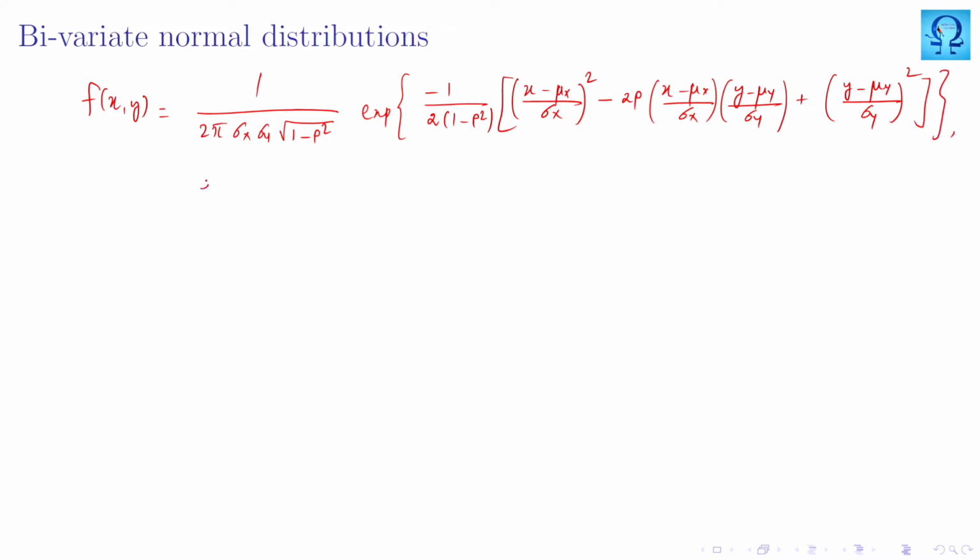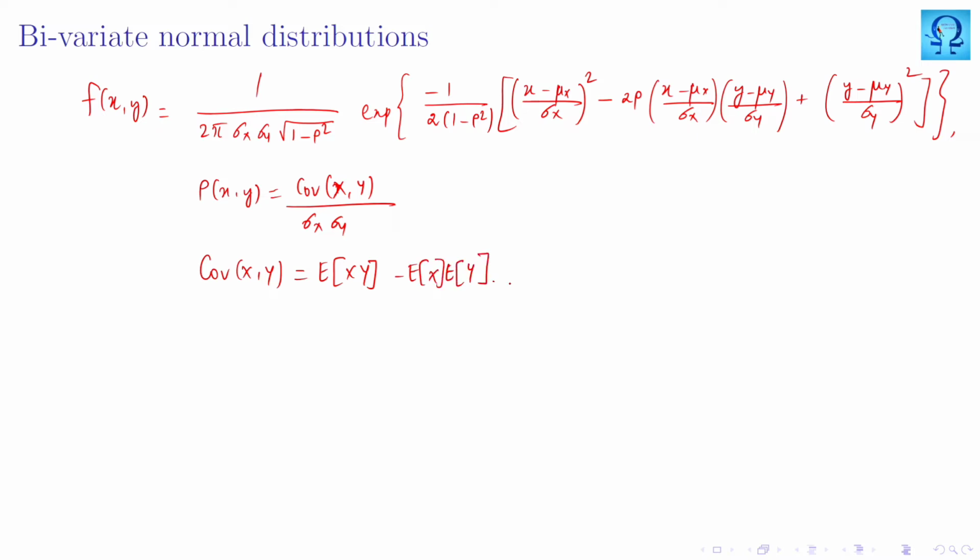Here this rho is the correlation coefficient of these two variables, that is covariance of x comma y upon sigma x sigma y. And this covariance of x comma y is expectation of xy minus expectation of x multiplied with expectation of y.